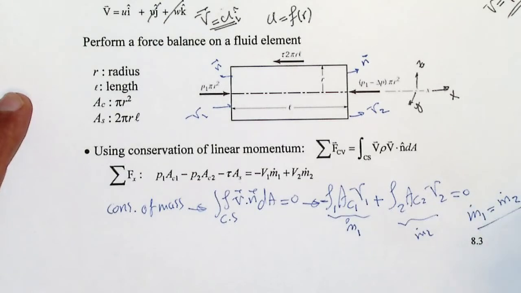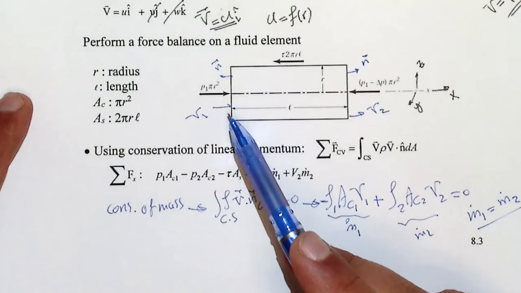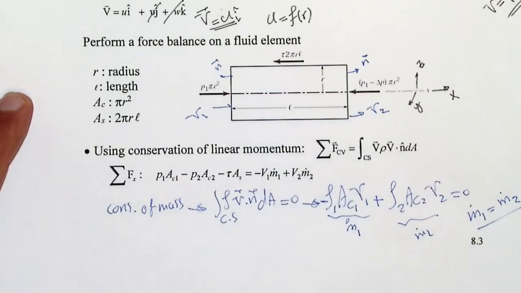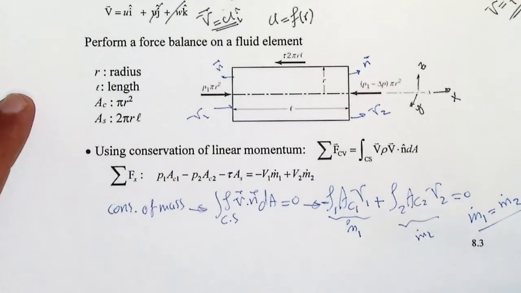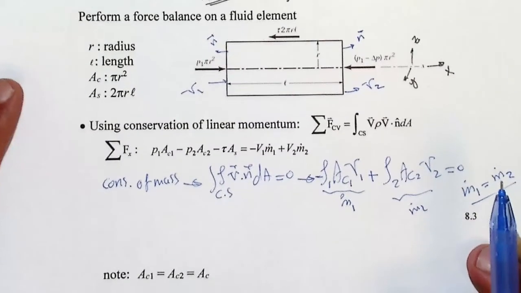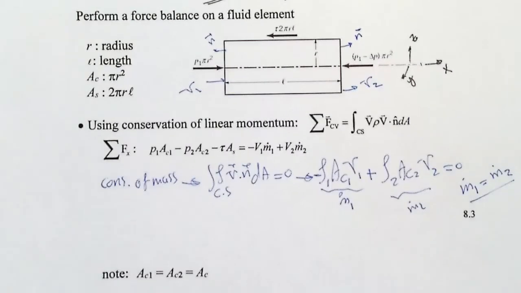What else? We have to know that AC, the cross-section area of a pipe, is constant. Then AC1 also is equal to AC2. And since we assume that this is laminar flow, and if the flow is incompressible, which it most of the time is, we are going to make it simple.